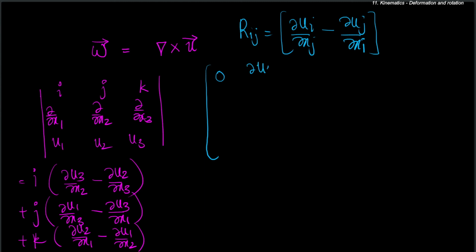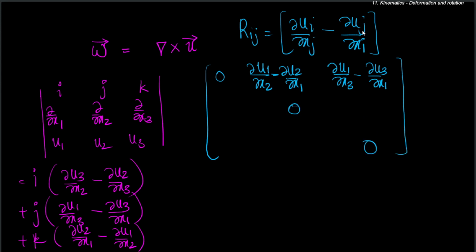So this becomes del u1 del x2 minus del u2 del x1. This component, i is 1 and j is equal to 3, so del u1 del x3 minus del u3 del x1. The diagonal components are going to be 0, we all know that. Now this component will be minus of this, because we know that Rij is an antisymmetric matrix, and therefore Rij is minus Rji.